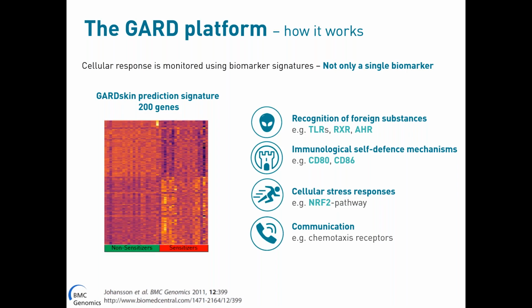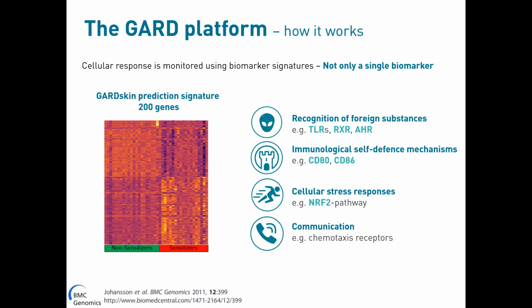If we start to look at the identities of the genes that we have in the GARD skin prediction signature, for example, we can see that they do not only explain one single mode of action, but they are rather involved in a number of different pathways that are known to be relevant for the development of skin sensitization. We have, for example, genes that are involved in the recognition of foreign substances.